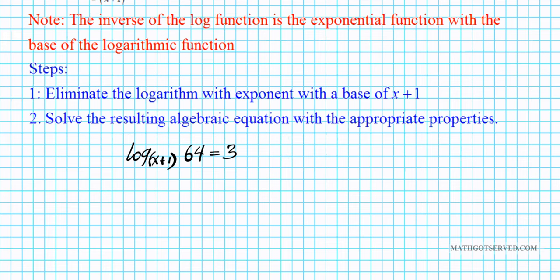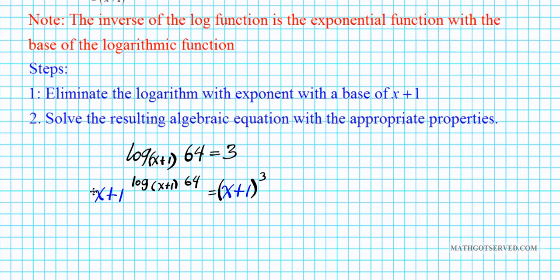First thing we're going to do is get rid of the x plus 1. So you're going to exponentiate both sides of the equation using x plus 1 as your base. So x plus 1 raised to the log base x plus 1 of 64 equals x plus 1 raised to the third.